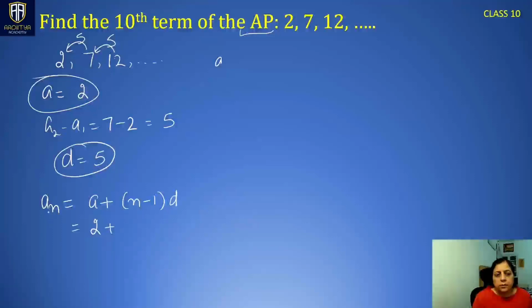Since we have to find the 10th term, n means the number of the term. So the 10th term becomes the first term plus 10 minus 1 times d. d here is 5. So 2 plus 9 times 5, that is 2 plus 45, which is 47.